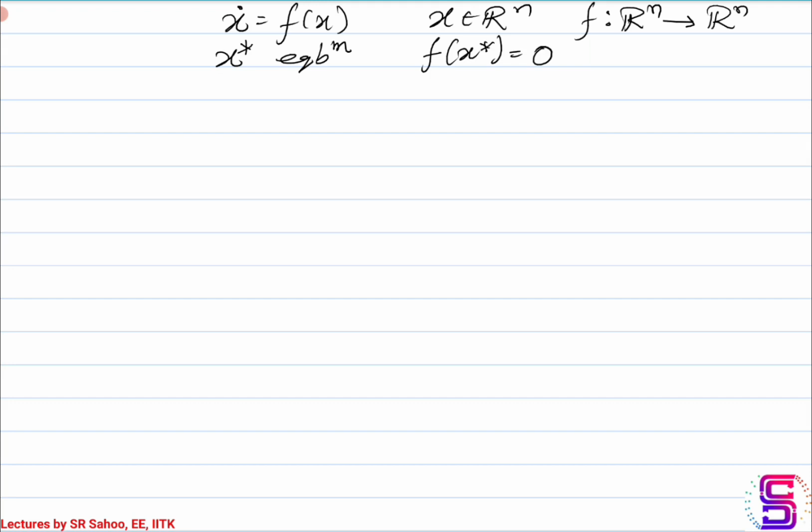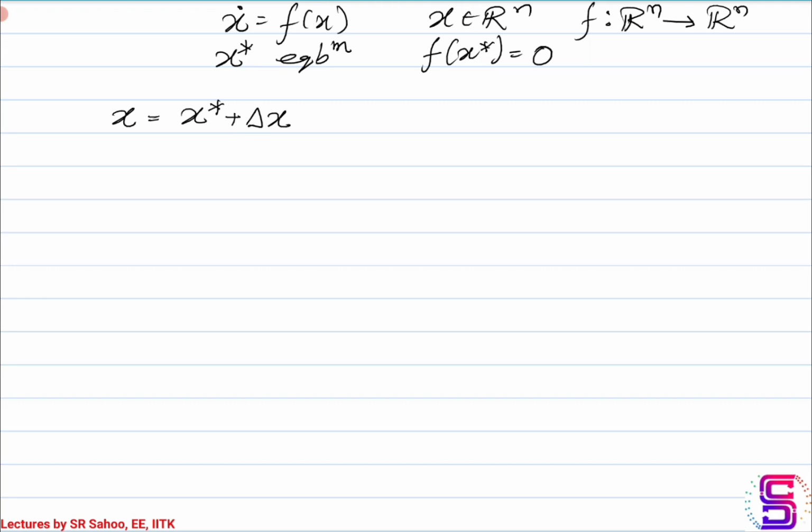Now let's say that any point x is just a perturbation of x star. Any point in the neighborhood of x star is x star plus delta x, where delta x is a small perturbation. This can be any small perturbation in Rn. So essentially, we are considering some locality around x star.